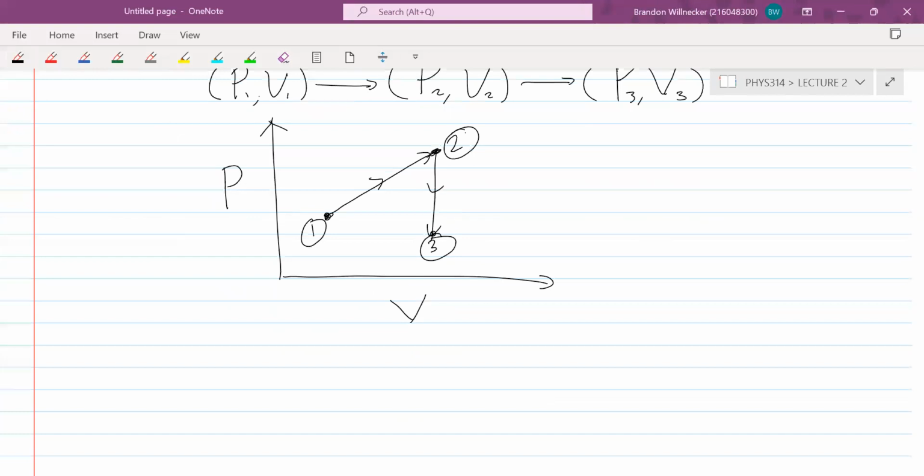Okay, next definition is a quasi-static or quasi-equilibrium process. Those are the processes that we're going to be interested in.